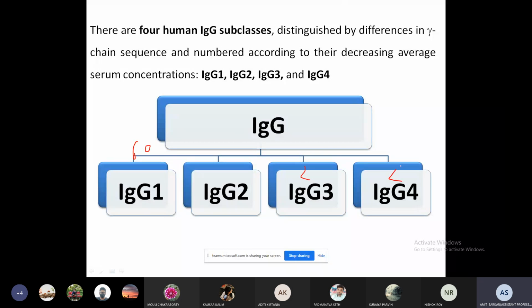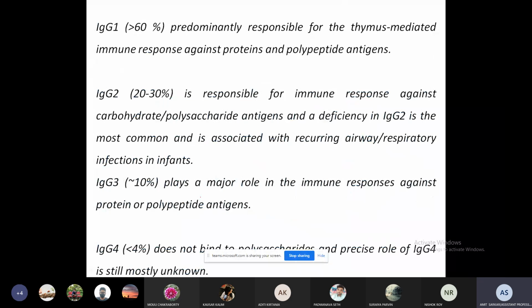We are not very sure about the role IgG3 and IgG4 play, but we know about IgG1 and 2. IgG1 is responsible for the immune response against polypeptide or protein antigens, and most of the time antigens are polypeptide or protein in nature. IgG2, on the other hand, is effective against carbohydrate or polysaccharide antigens.